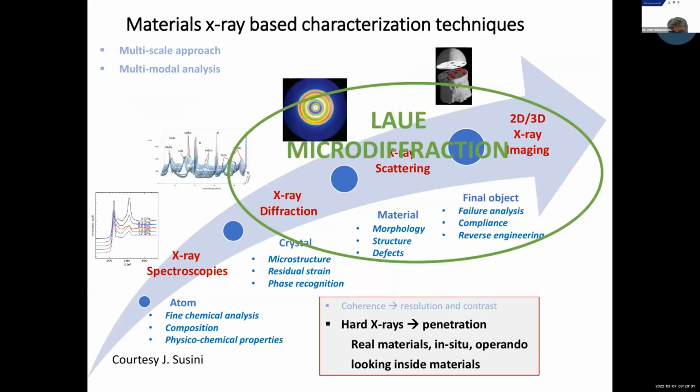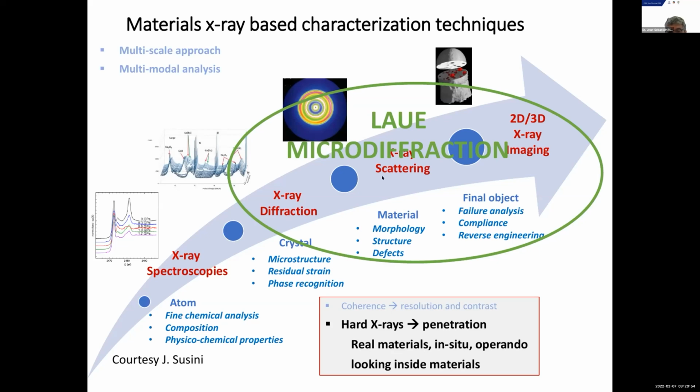Okay, so where is Laue diffraction? Laue diffraction is, let's say, a combination of X-ray diffraction. So you can get information from the crystal, the atomic structure, but not a part of it, let's say.